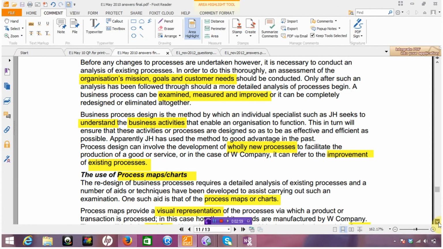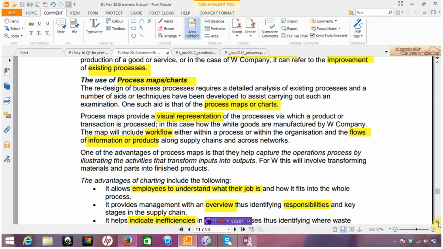So let's look at process maps and BPR in a moment. Process map is a fancy term for flow charting, so really flow charting the business. In essence, what you'll get is a visual, graphical representation of all of the processes within a business in terms of flows.